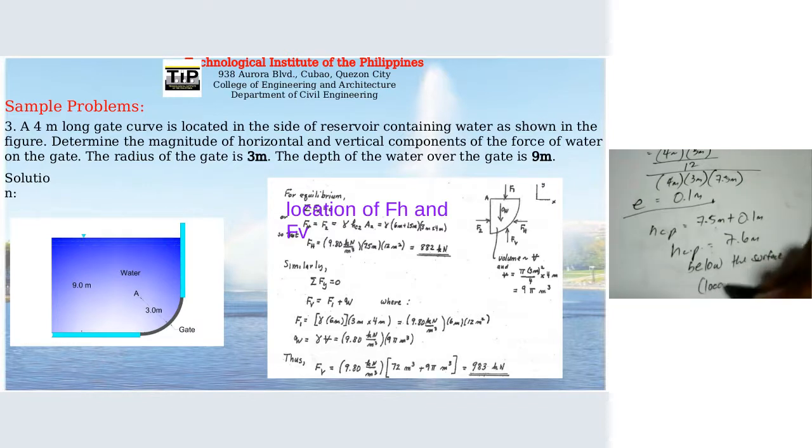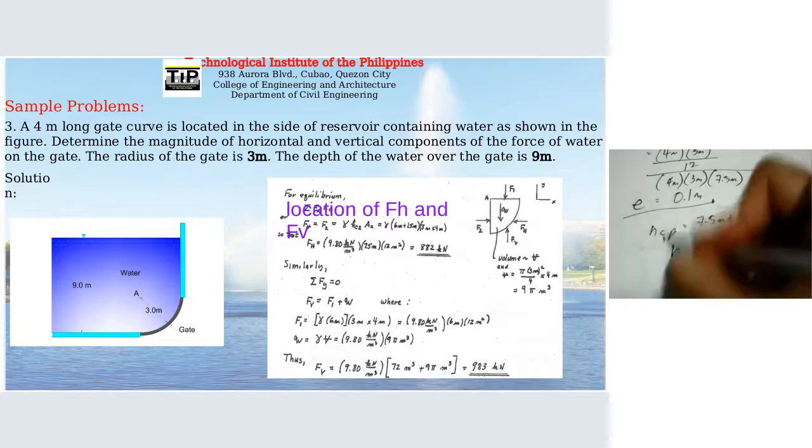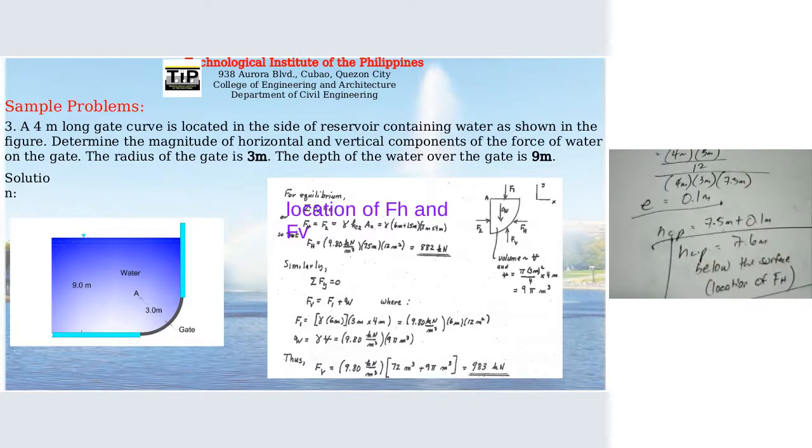That's the location of F sub H. So somewhere around here at this point. Dito nag-a-act si F sub H.